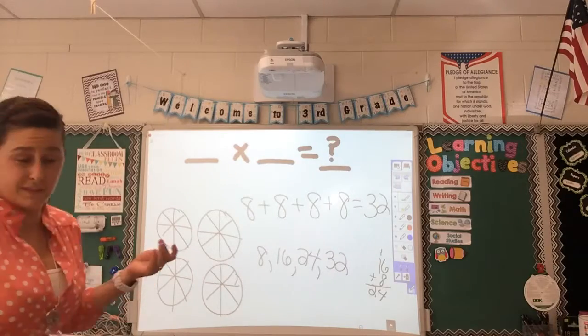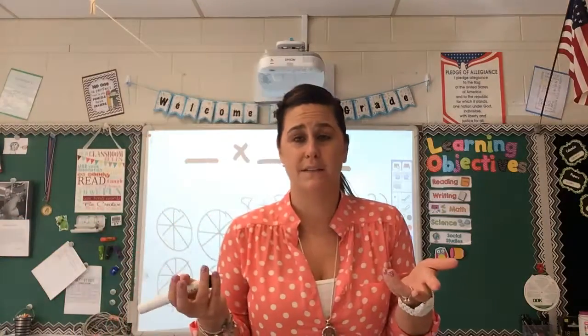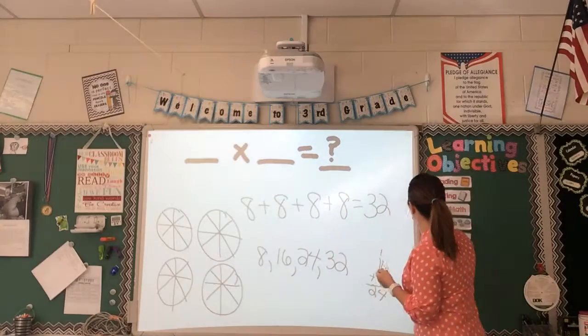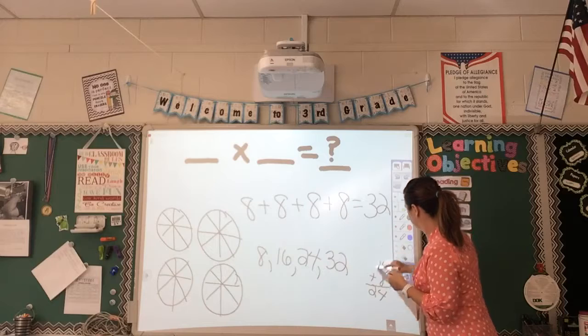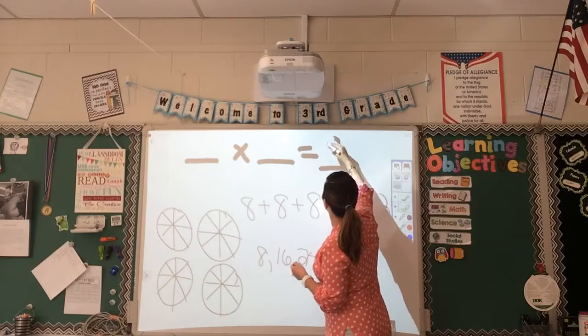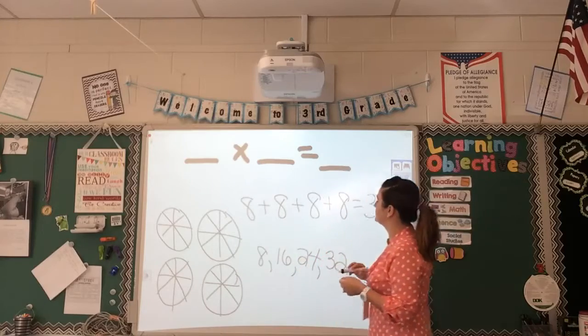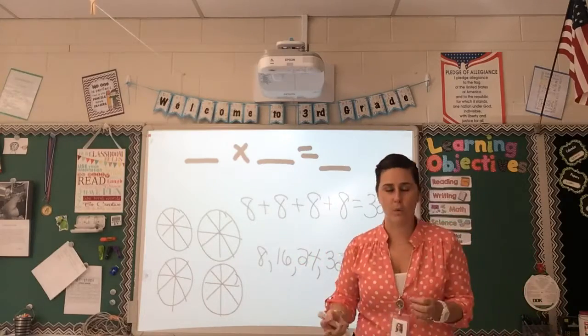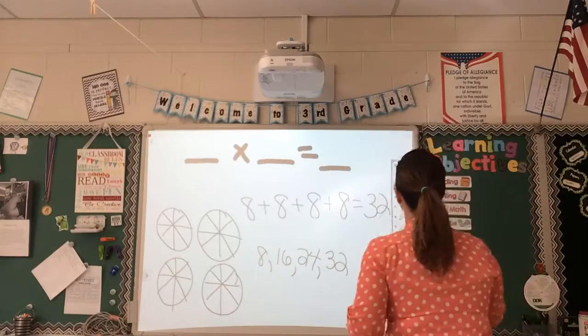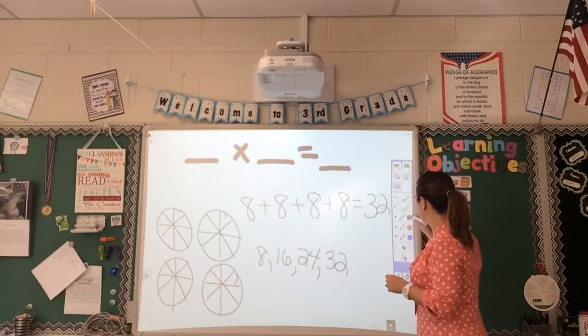So now that I've solved it, I know I have 32 slices in all. How do I write my multiplication equation? I'm going to erase my question mark because I want to fill in my product. I know that I have 4 groups of 8. When I'm writing my multiplication, the group number goes first.